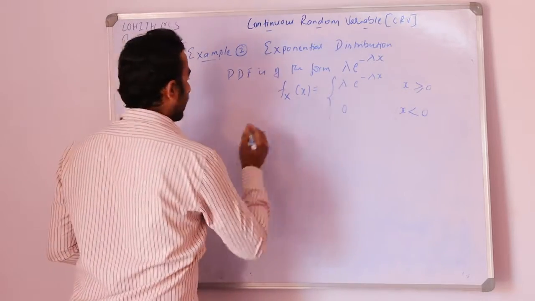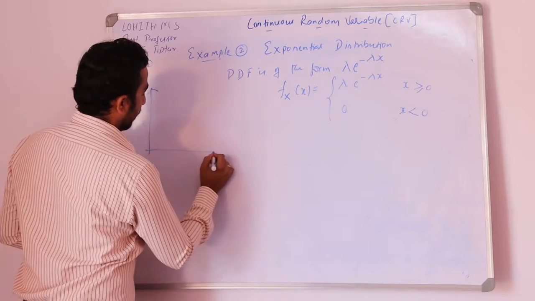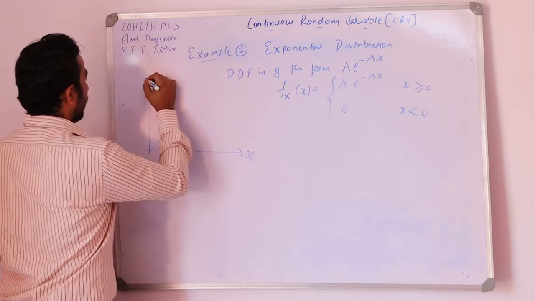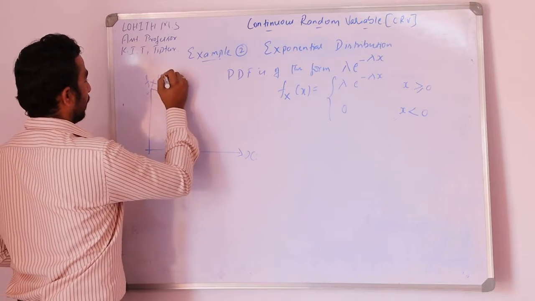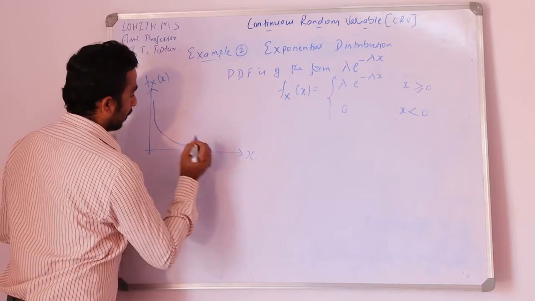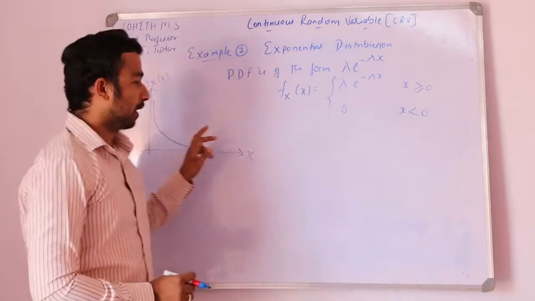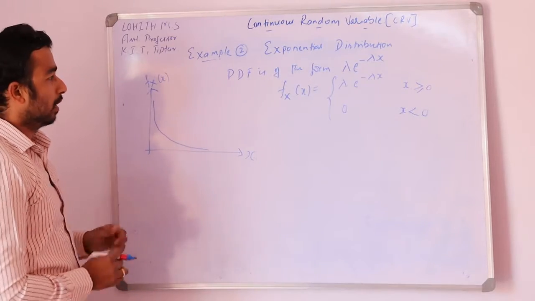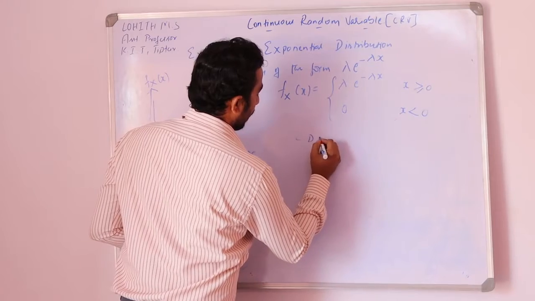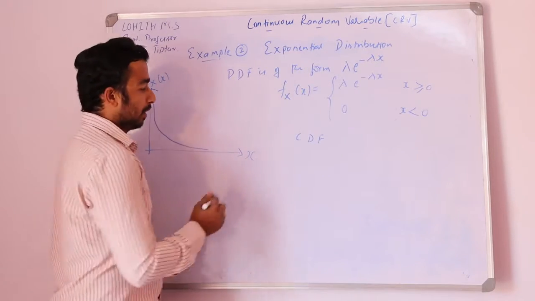So we can plot the PDF like this: x, f(x) of x. If you go on changing the value of x, we will get a curve like this. Now we will find the cumulative distribution function, CDF, for this.